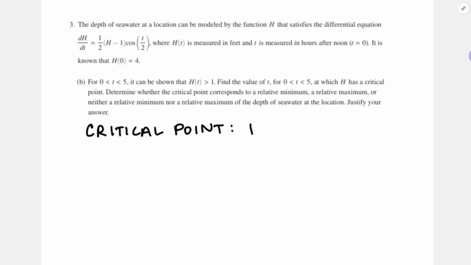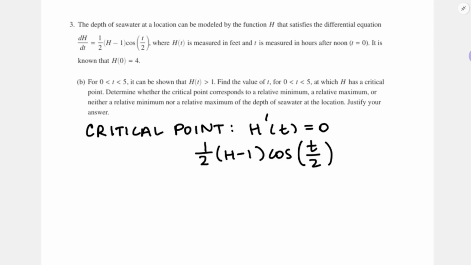So it's going to be h prime of t equals 0. h prime of t is the same as dh dt, so I might say 1/2 times h minus 1 times cosine of t divided by 2. That's going to need to equal 0.